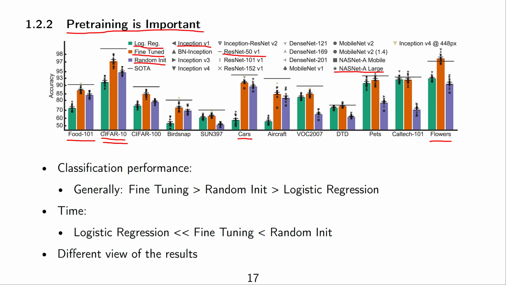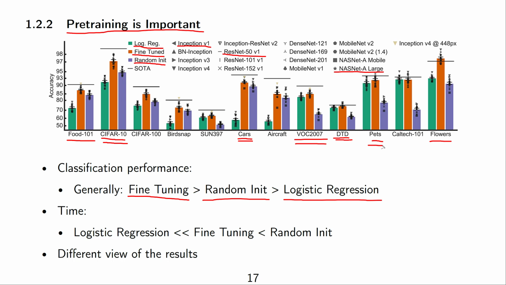So let's see if we can see this picture also repeated in other data sets. We see the same in cars. Fine-tuned is better than random initialization, which is better than logistic regression. So this is the general picture. There are some exceptions, maybe VOC 2007, where random initialization is worst, DTD is also different, PETS is also different.